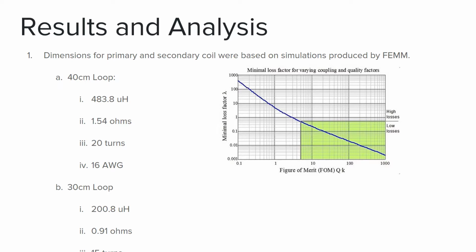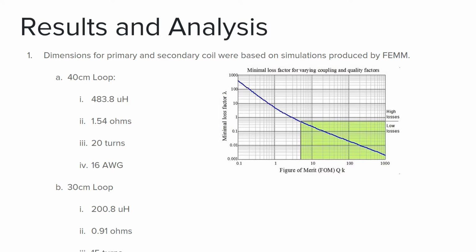Here you're looking at the results and analysis. The dimensions of the primary and secondary coils were based on the simulations produced by the FEMM software, as mentioned earlier. So we see here a 40 centimeter loop with 483.8 microhenries, then we have 1.54 ohms with 20 turns using 16 gauge wire.